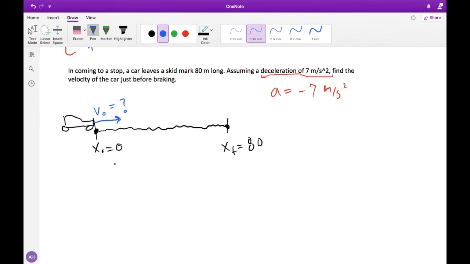So that's the initial velocity. We don't know what that is. That's what we're trying to find. And in the problem, it says the car comes to a stop. And so naturally, we can assume that the final velocity over here must be 0.